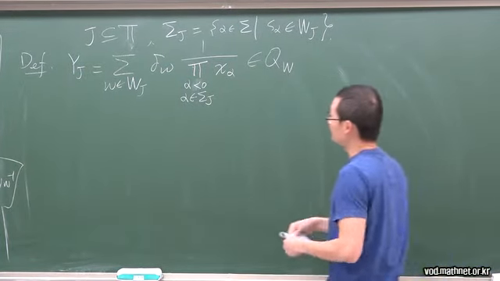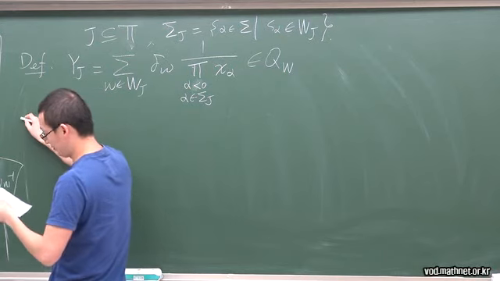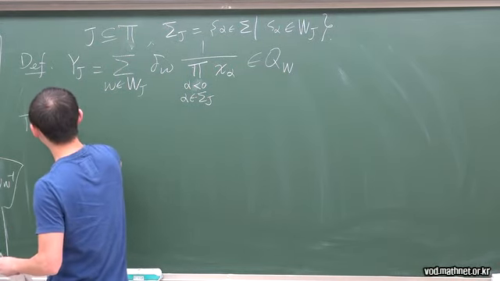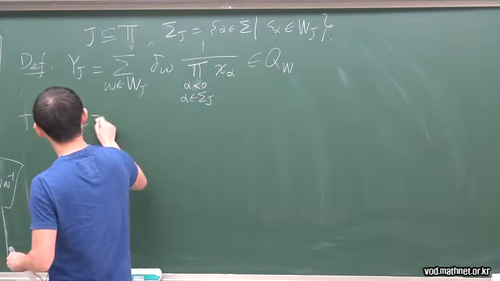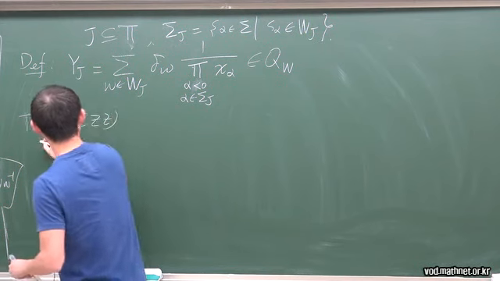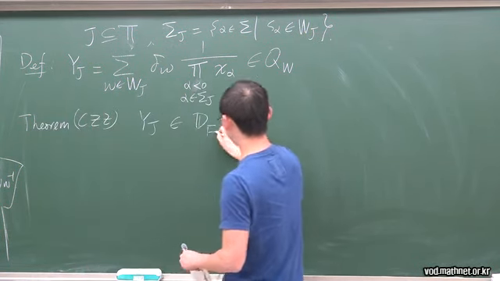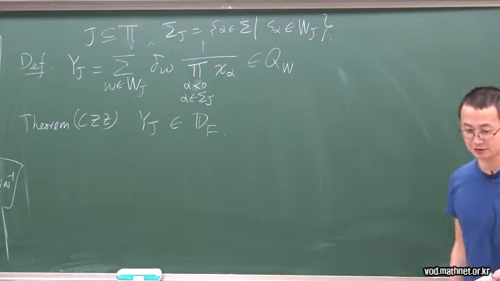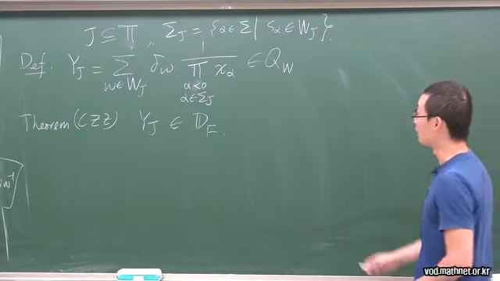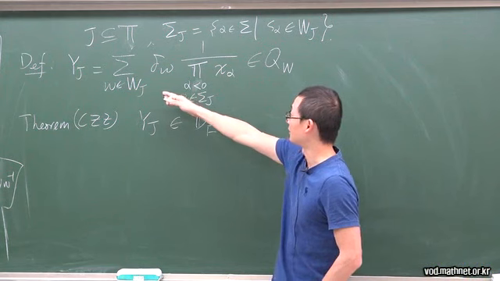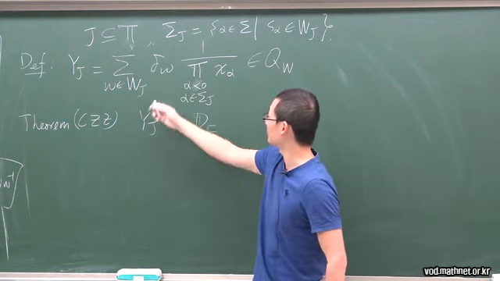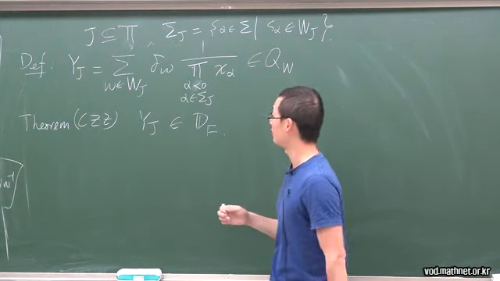But actually, it's a theorem saying that y_J actually belongs here. So it does not look like that, but actually that's the case. Even though you have a lot of things in the denominator, when you take this sum, you are going to get an element in here.